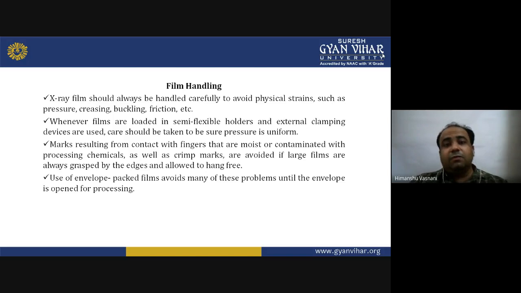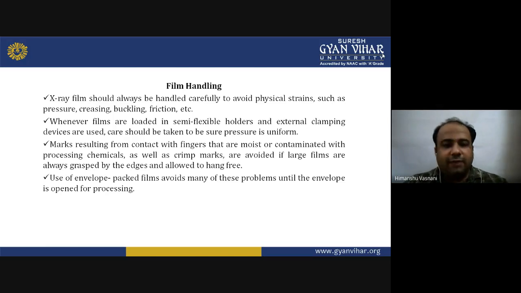Marks resulting from contact with fingers that are moist or contaminated with processing chemicals, as well as crimp marks, are avoided if large films are always grasped by the edges and allowed to hang free.